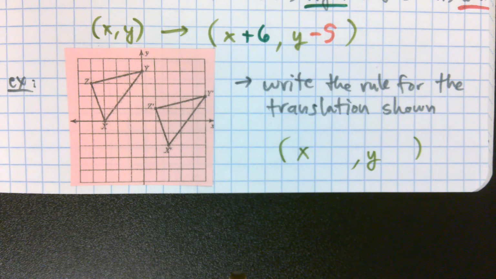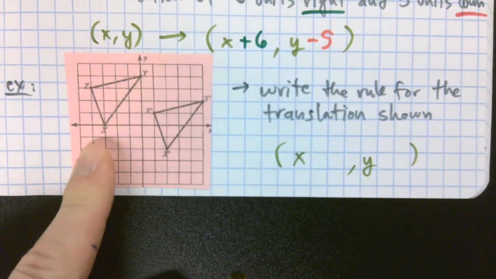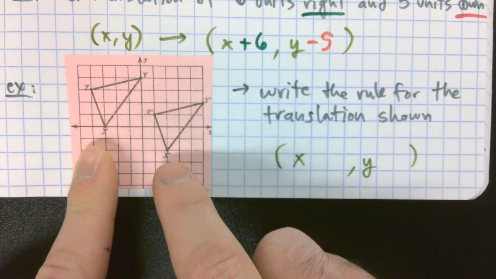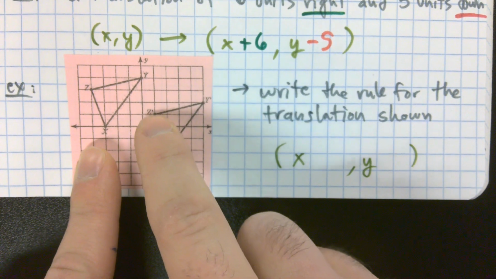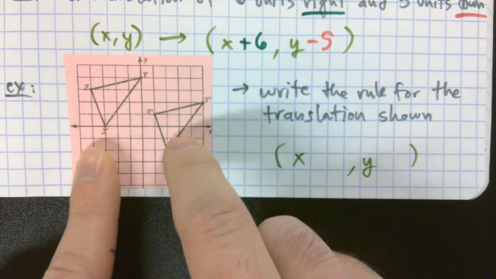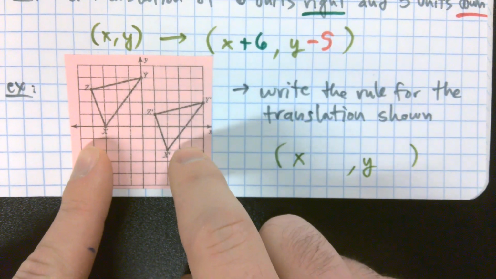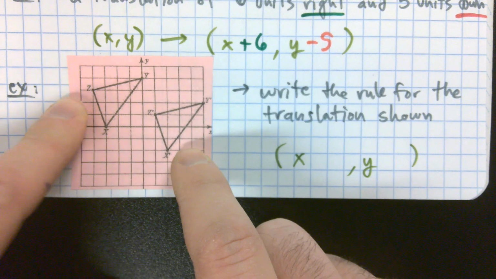What makes you say the triangle on the left is my pre-image? Because there's no prime notation. Exactly. My triangle on the right is x prime, y prime, z prime. That shows that this triangle here is the image. This is where we end up. We start out with triangle x, y, z.